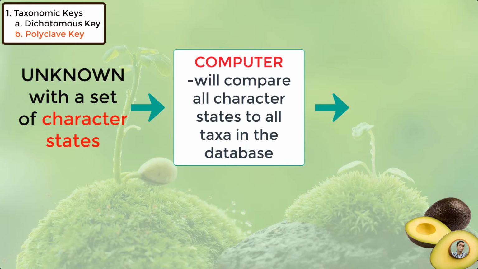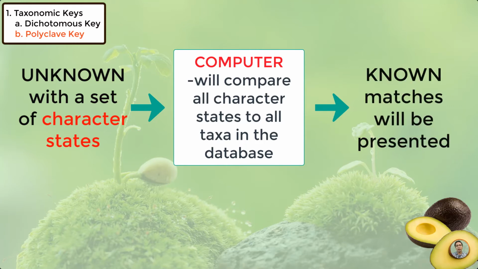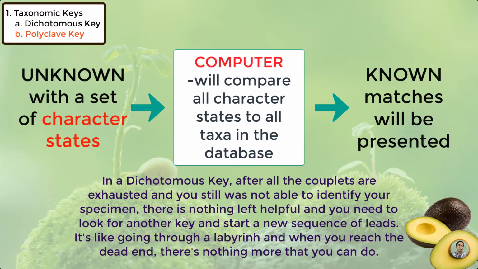Now, in a dichotomous key, once you reach the end of the couplets and you still haven't identified your sample, then there's nothing more to consider. And of course, your unknown remains an unknown. Polyclave keys, on the other hand, can present a few lesser matches for you to consider.